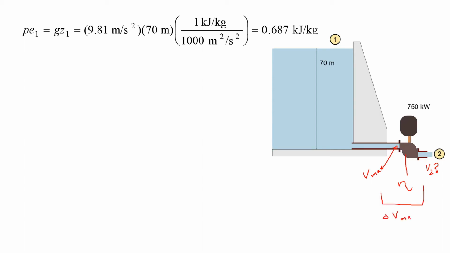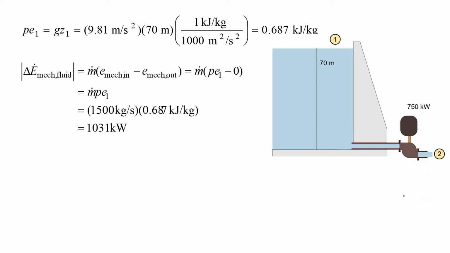So let's consider that the exit velocity of the fluid flow from the turbine is negligible. In that case, we can see that the mechanical energy at point 2 is equal to 0.